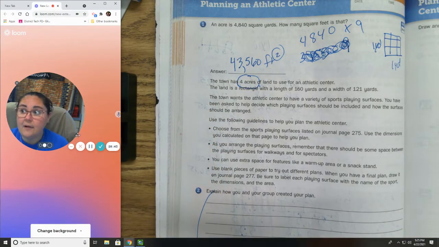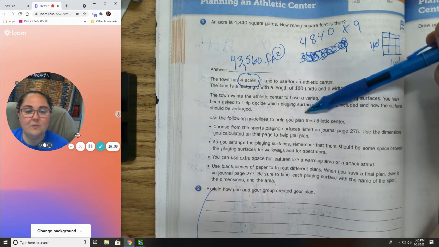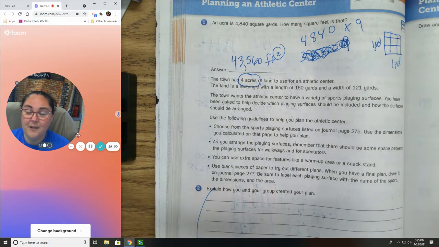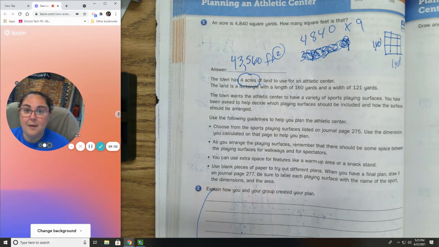When you find the area of a square or something that you see, the reason why we practice that with small shapes first is because sometimes in your life, you might need to plan out something that you're building. Maybe you want to decorate your house. Maybe you want to buy new rugs. Maybe you want to build something in your backyard, and you're going to need to know the area.